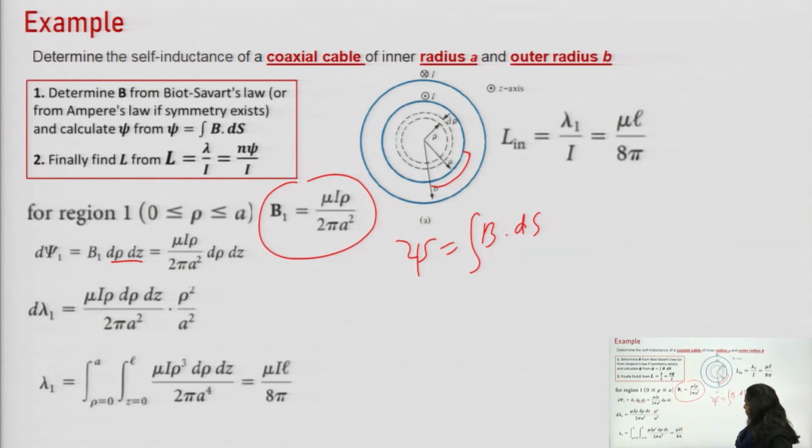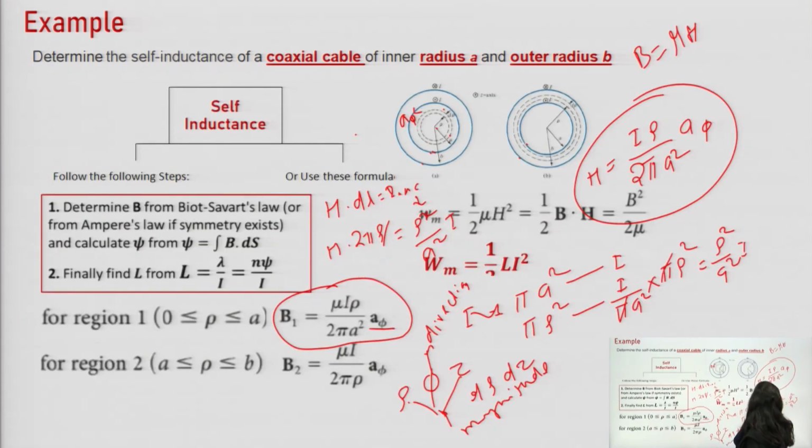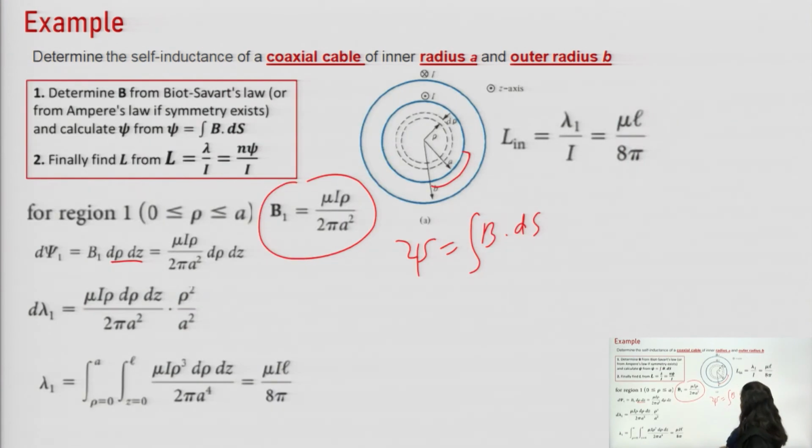Now we can get the total flux linkage by putting in the value of I, because for this flux the total current is not I, but rho square by a square times I. So I cancels out, because flux linkage is total phi by I. So we got this differential flux linkage. After integrating, we can get the total flux linkage.